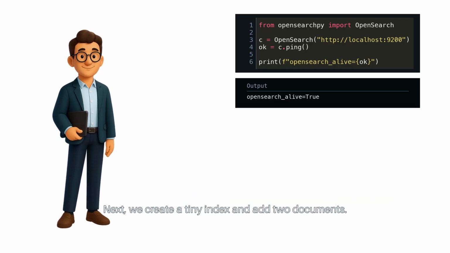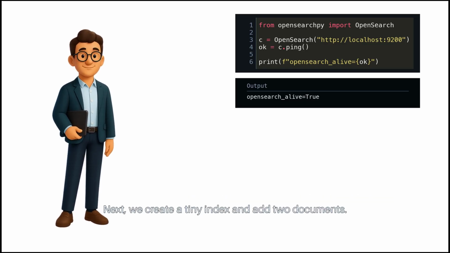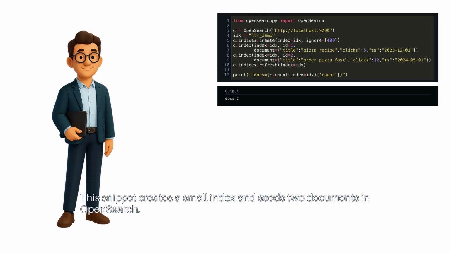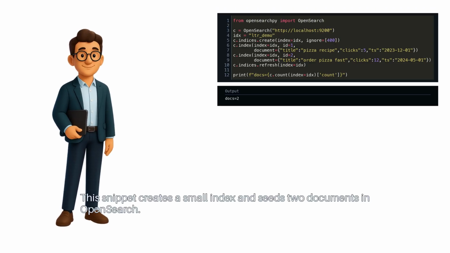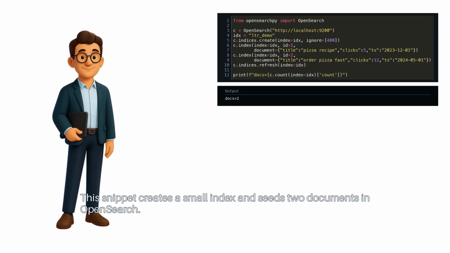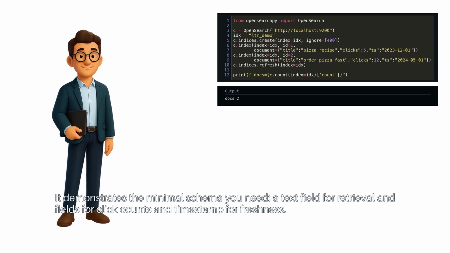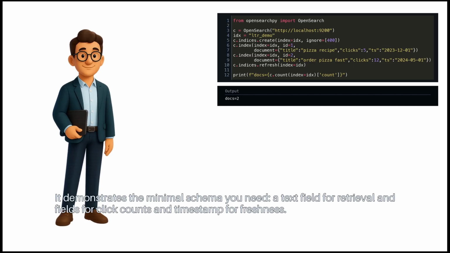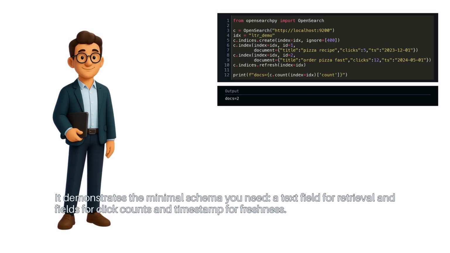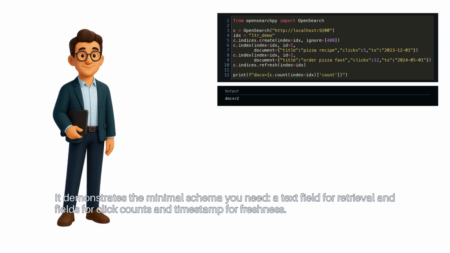Next, we create a tiny index and add 2 documents. This snippet creates a small index and seeds 2 documents in OpenSearch. It demonstrates the minimal schema you need: a text field for retrieval and fields for click counts and timestamp for freshness.